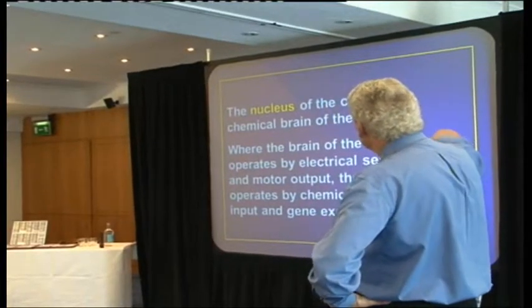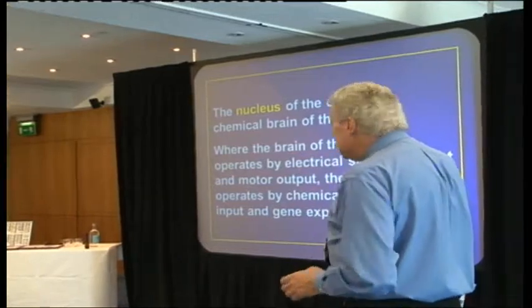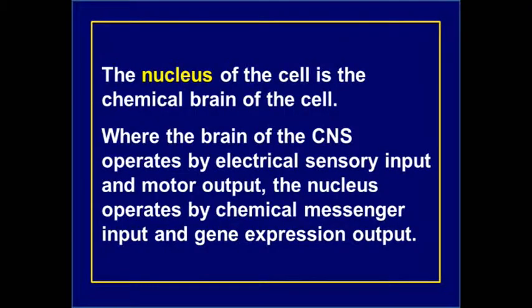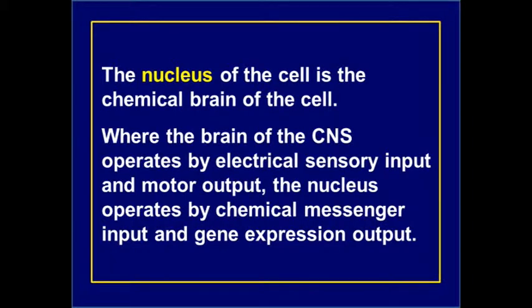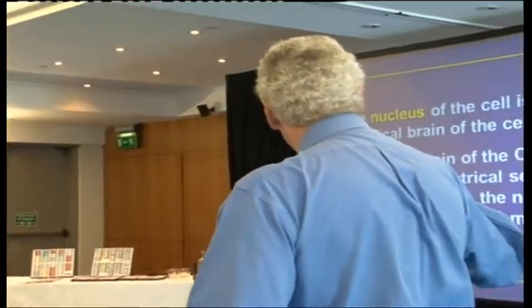So the nucleus of the cell is the chemical brain of the cell. Okay? So the nucleus is, if you like, the brain of the cell, or it was thought to be the brain of the cell. The brain depends upon having information. Our brain depends upon information which is put into it, as does the nucleus of the cell.